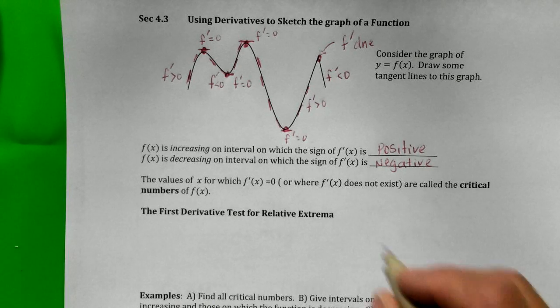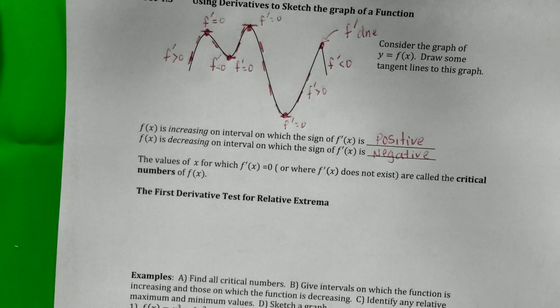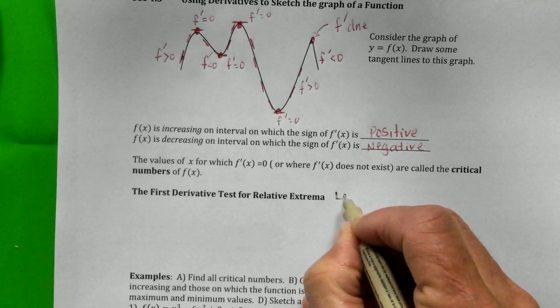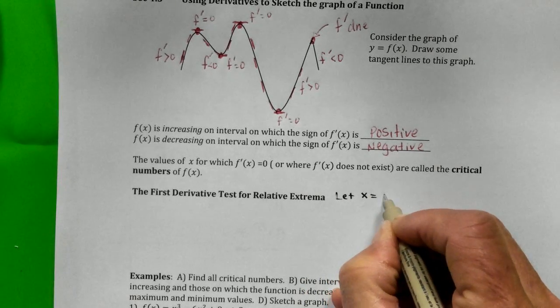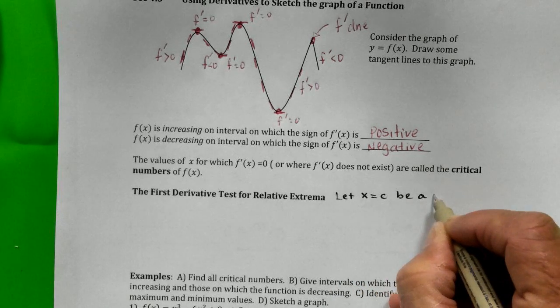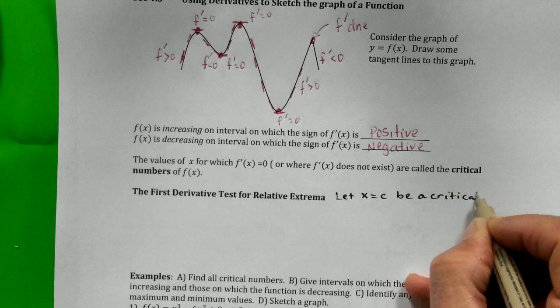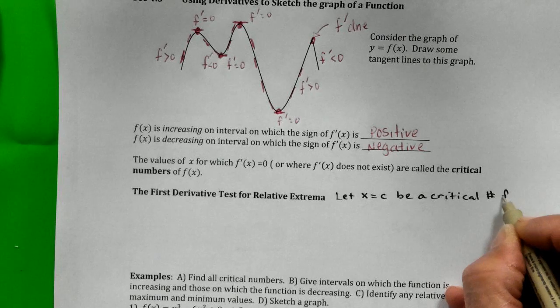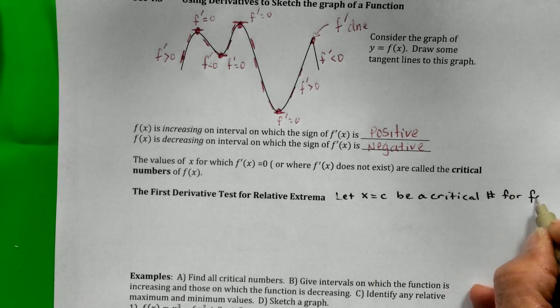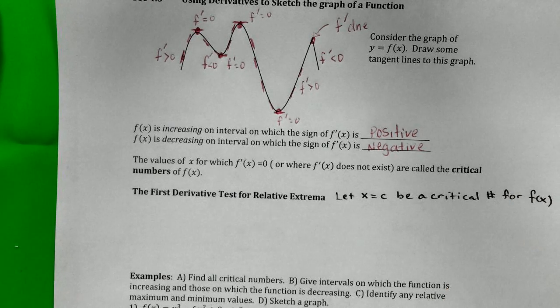So in the first derivative test, let me use the number c as a critical number. Let x equal c be a critical number for f of x, which means f prime of c is either 0 or f prime of c doesn't exist.